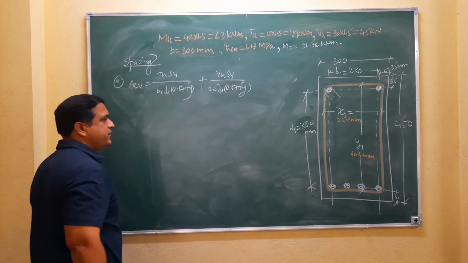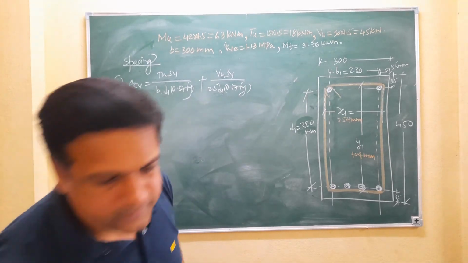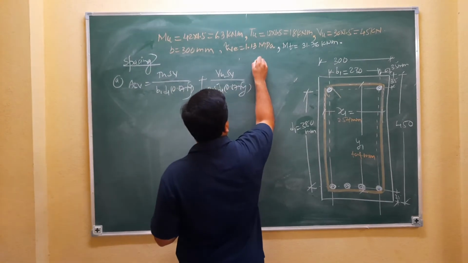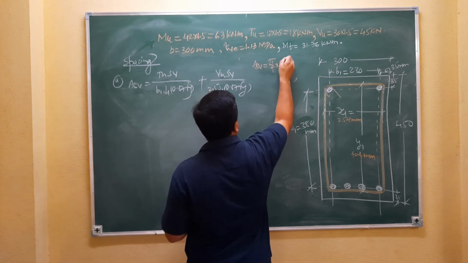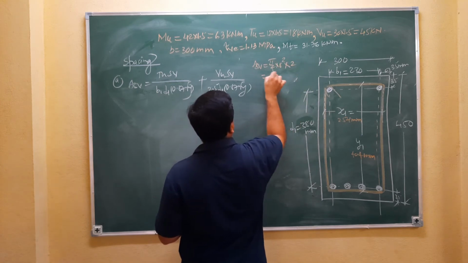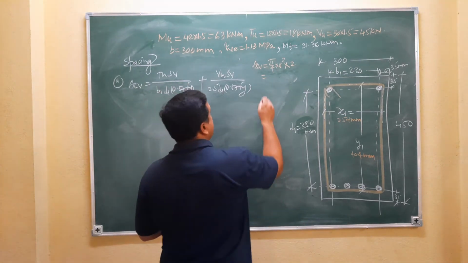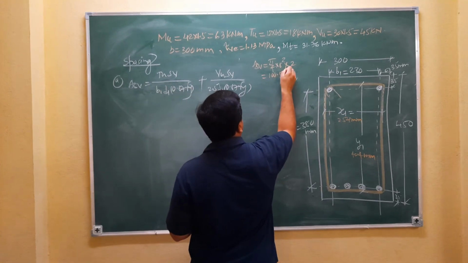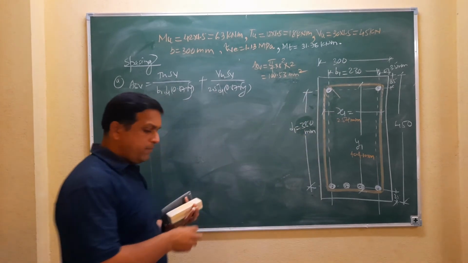So what is the Asv? Asv is the area of one stirrup bar multiplied by legs. Area of one stirrup bar is pi by 4 into 8 square, two-legged. We know the answer is 100.53 mm square from our previous problem.